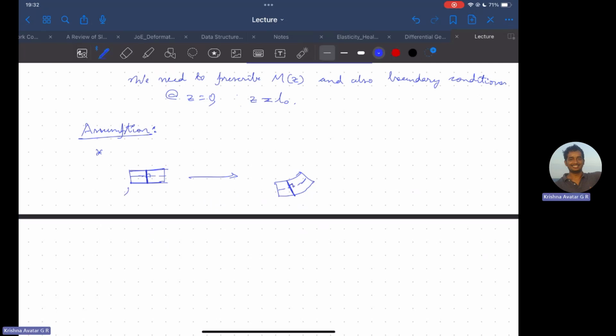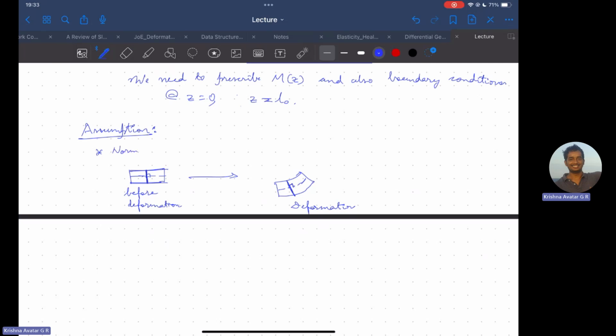So I should say before deformation, after deformation, or deformed, it still remains perpendicular.